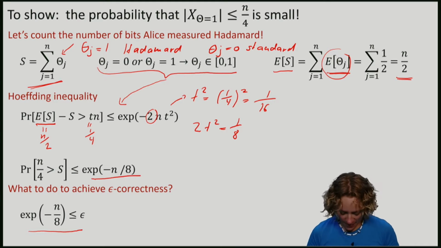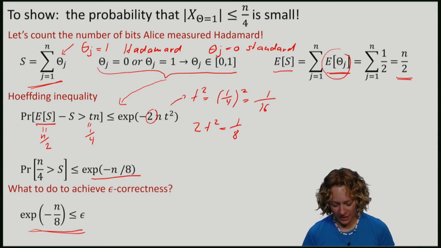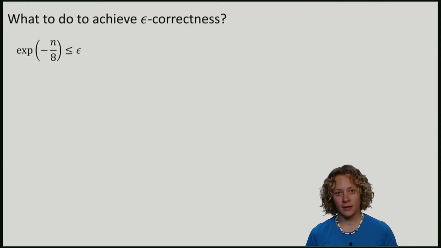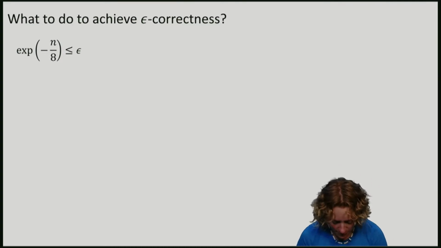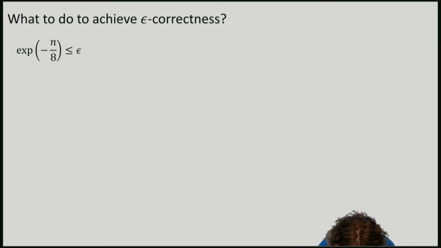So let's see what we need to do in order to make this less than epsilon. So here I've just written that we want this to be less than epsilon. So let me take the logarithm on both sides. I have minus n over 8 less than ln epsilon.